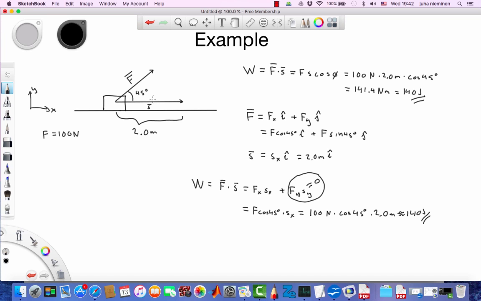The dot product nicely takes into account that F is not aligned with S, like we have usually calculated in high school physics, but there's an angle, and that is embedded into the definition of the dot product. The angle can be there, and in that case it only takes into account the component in the direction of the displacement.